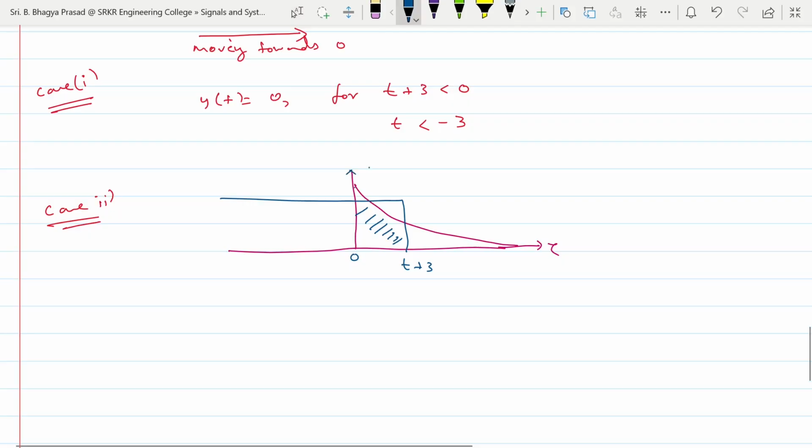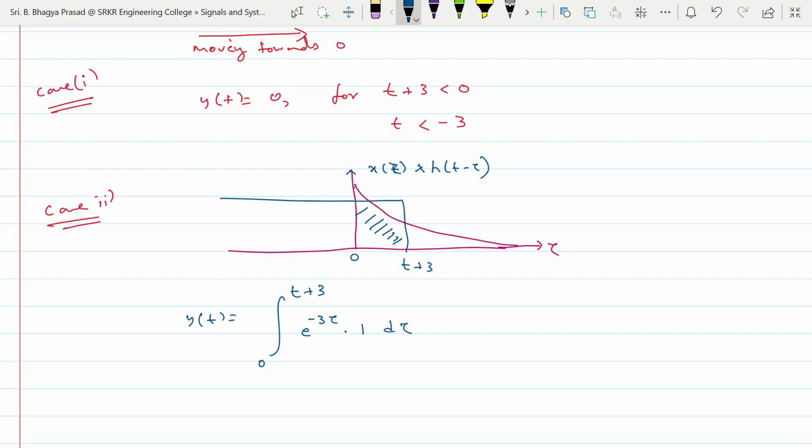This is the multiplication of x of tau with h of t minus tau. So y of t equals the integral, the overlap is between 0 and t plus 3, and one expression x of tau is e power minus 3 tau, and another one is 1. Okay, and this is e power minus 3 tau by minus 3, from 0 to t plus 3.